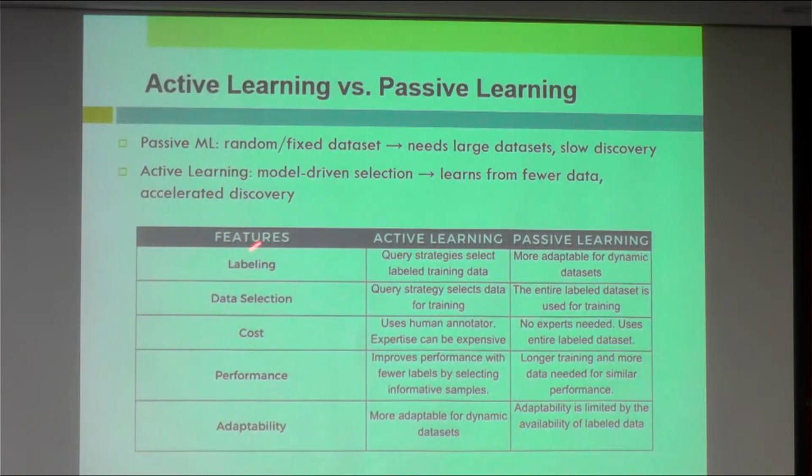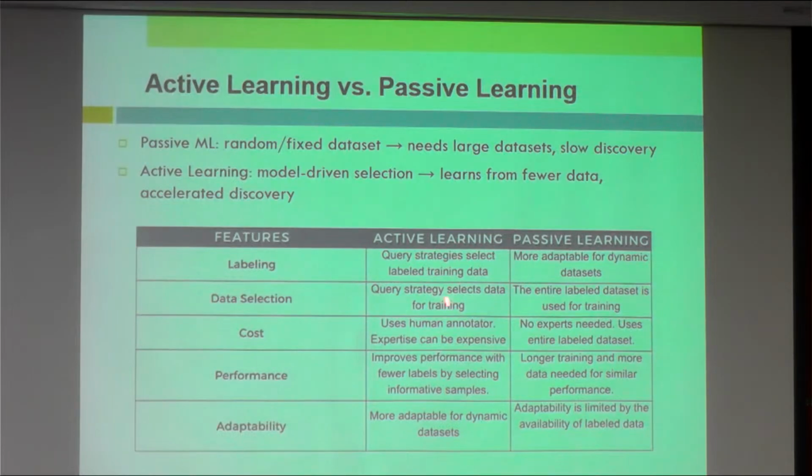So the features of active learning. Basically, query strategies select labels for training the data. And passive learning is more adaptable for dynamic data sets. For data selection in active learning, as I mentioned, the query strategy selects data for training. Firstly, you have your data to be labeled.